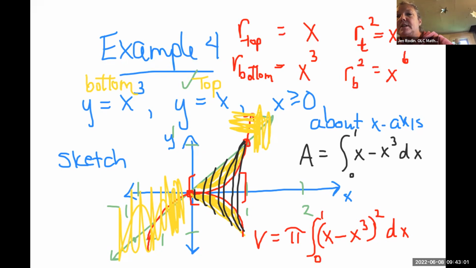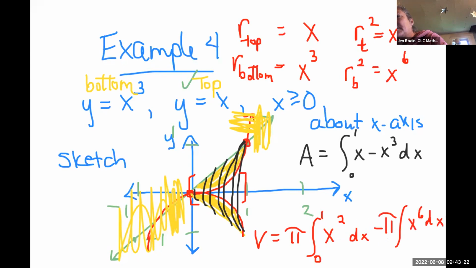So let's fix this down here. Pi x squared minus pi x to the sixth dx, 0 to 1. There, and I'm going to pause it again and see if you can get that integration okay.